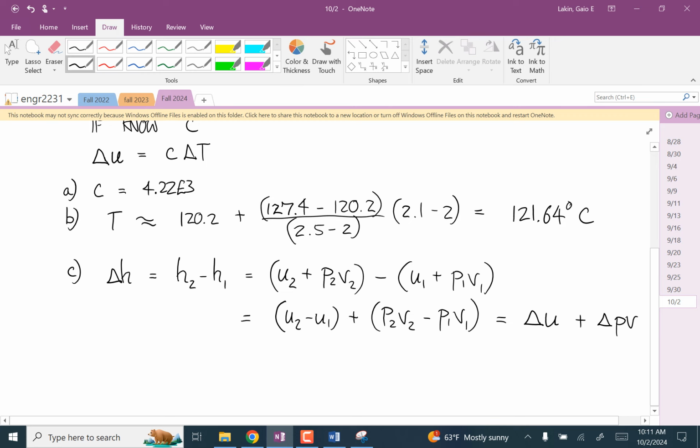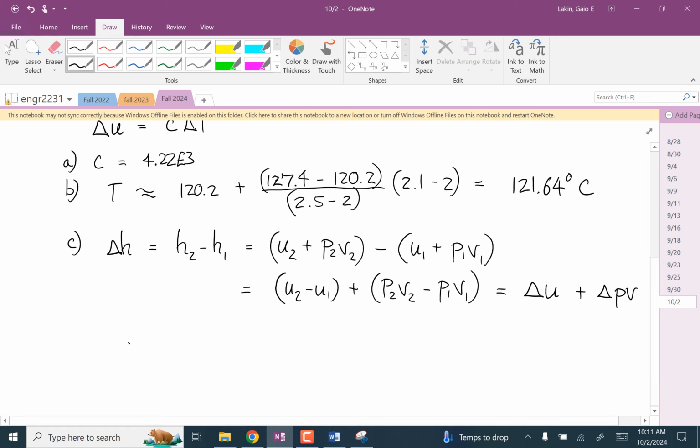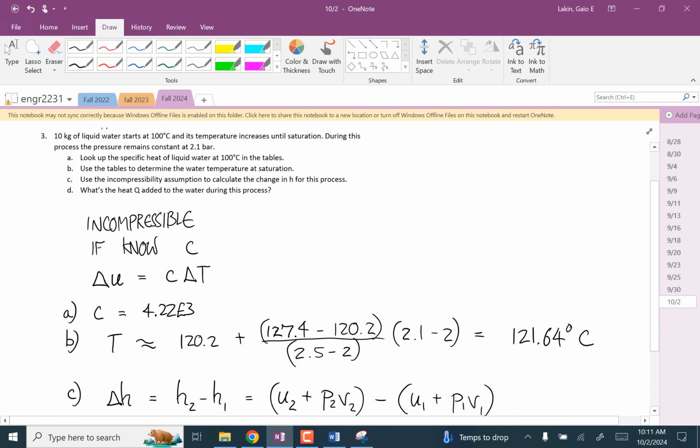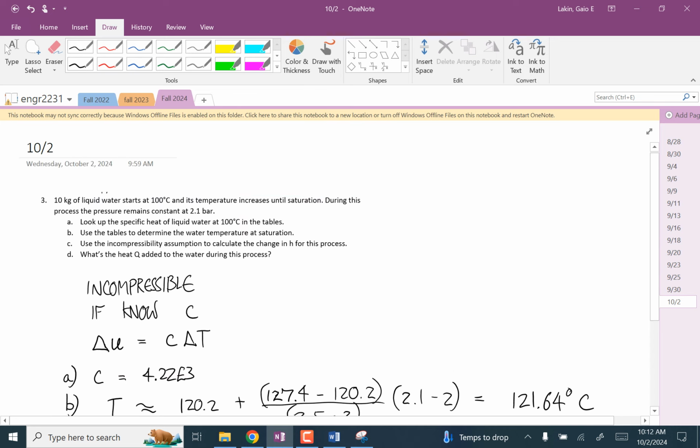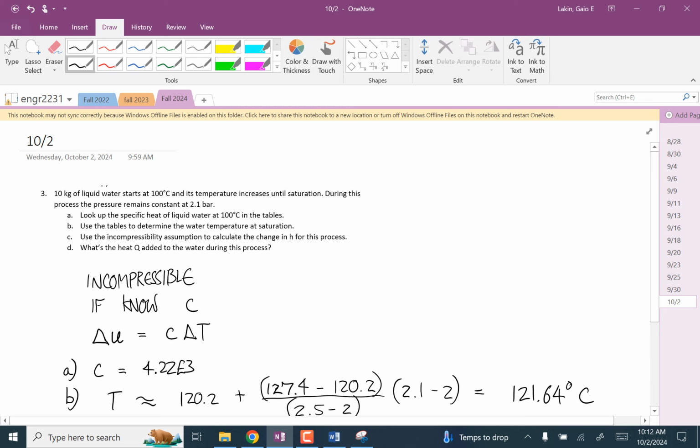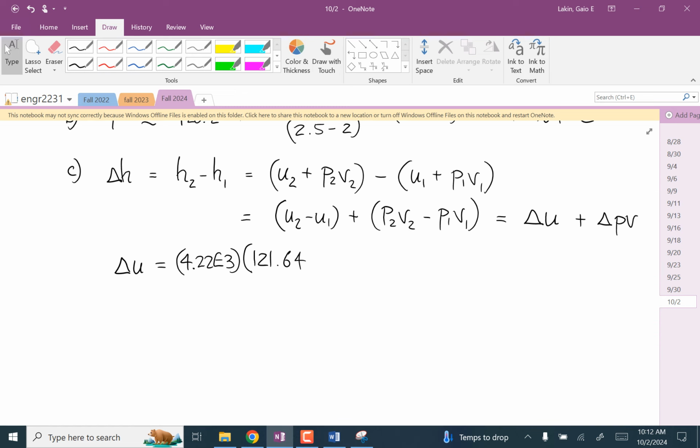Okay, so this is what we're trying to calculate. And putting it in this form, then it's clear that you can calculate the change in U as 4.22 times 10 to the third, the specific heat, times the change in temperature, which is 121.64 minus 100.